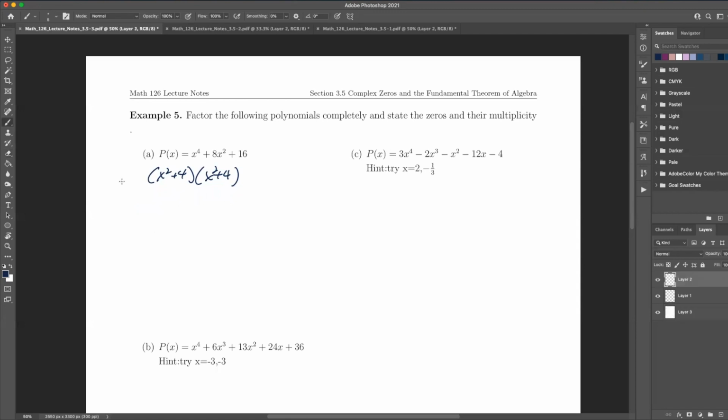So this is x plus 2i squared, x minus 2i squared, and this is from before. And so the zeros here are 2i and minus 2i, and the multiplicity for each of these is 2 and 2.